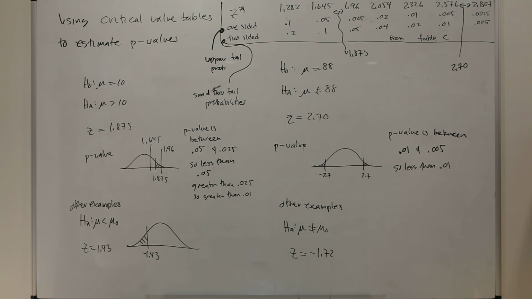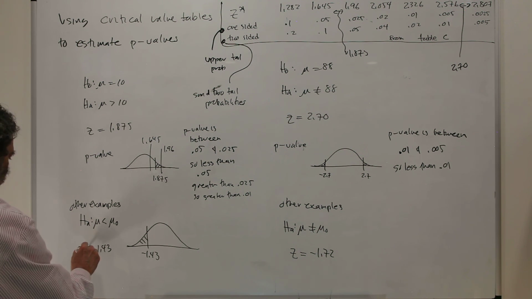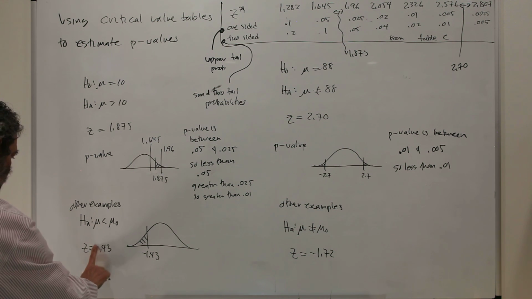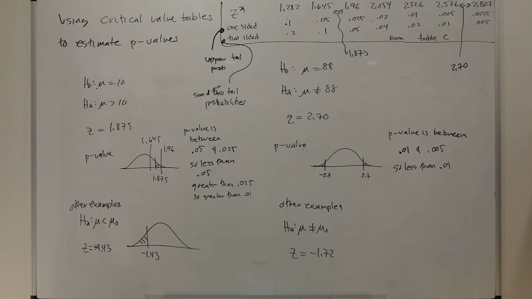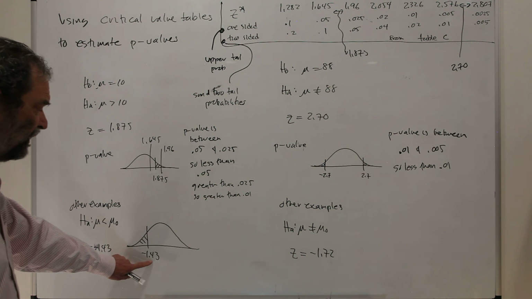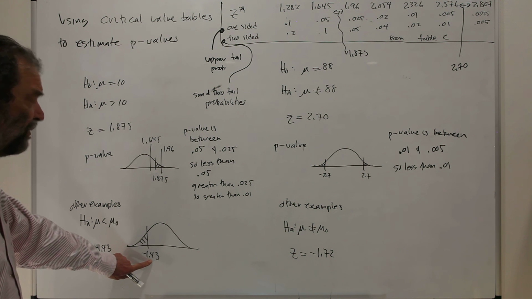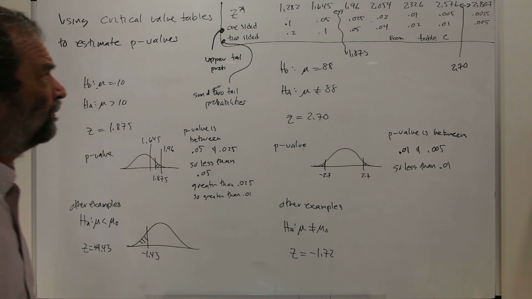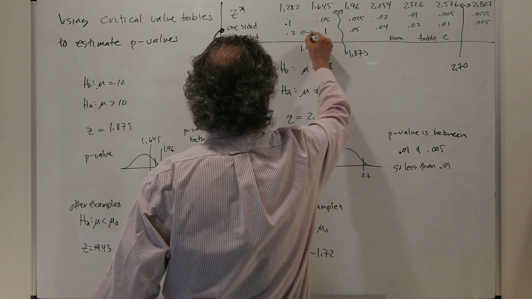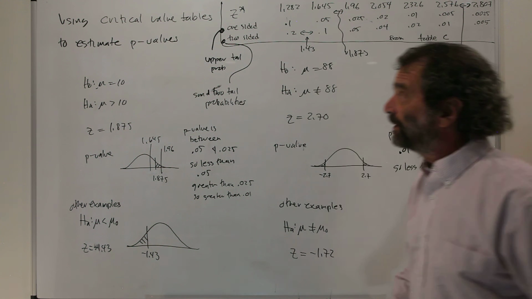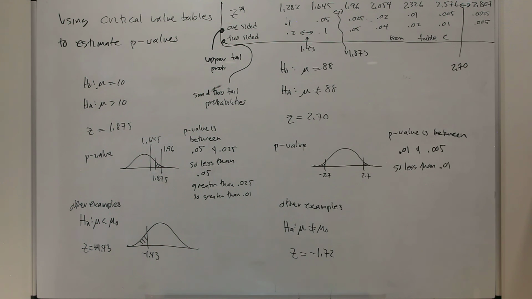So for some other examples, here's a less than alternative with a Z value of minus 1.43. Since it's a less than alternative, we want a left tail. But the normal distribution is symmetric, so to find that left tail, we just make this positive and find the right tail. So we're looking at 1.43. Here's where 1.43 stands, between 1.282 and 1.645.